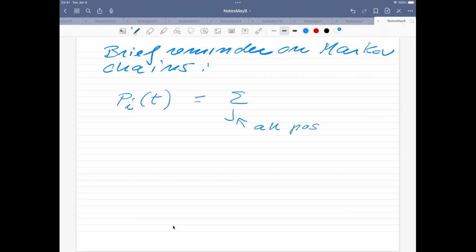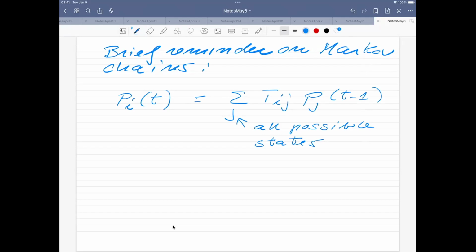If you're thinking of you jumping in physical space, this would be all positions which you could access, but we are just going to call them, in a more generic way, states. So we are summing over all these possible states, and then we have a probability for making a transition, which is a stochastic matrix. This is multiplied with P of j, at time t minus 1, but it could just be a small time step.